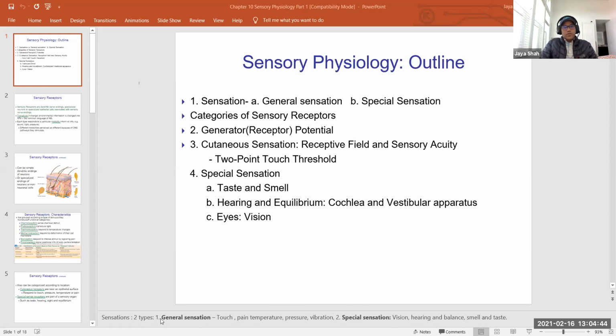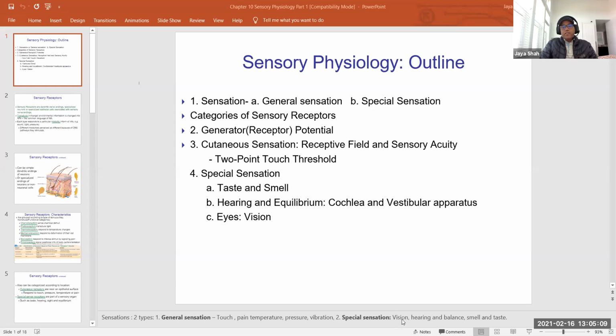So sensations are of two types. General sensations are touch, pain, temperature, pressure, vibration, tingling, tickling. Those are all general sensations. Whereas spatial sensations are vision, hearing, balance, smell, and taste.